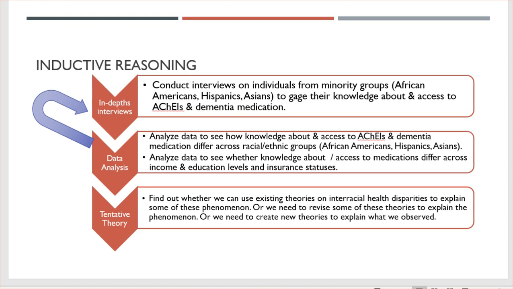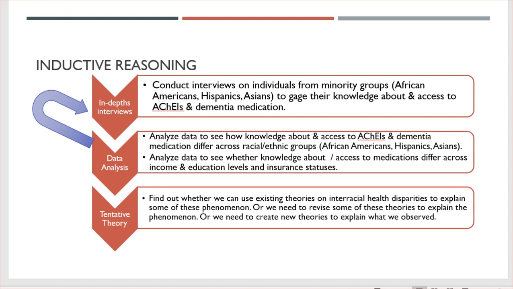Based on all these open-ended and closed-ended interview questions, based on the answers we gather, we proceed to do data analysis to see whether knowledge about or access to Alzheimer's and dementia medication differs across different racial ethnic groups.